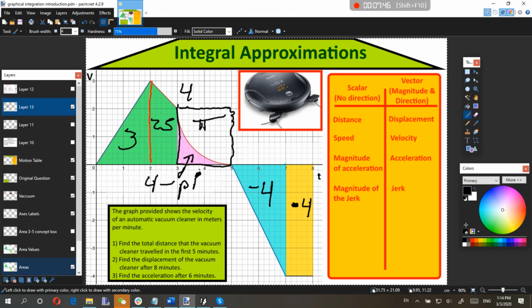So if I want to find the total distance traveled in the first 5 minutes, total distance means we're going to integrate velocity, that's step up, so we're looking at area, not slope. Up is integration, which is area.